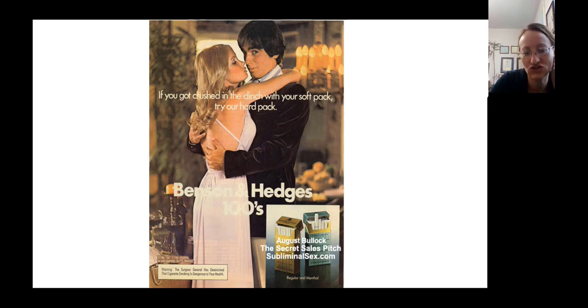But it's so easy to miss the other thing he seems to be holding. So there's an image of a penis over here in his hand.